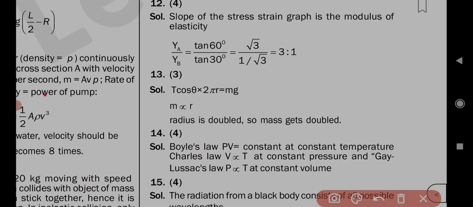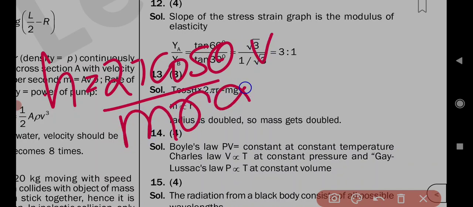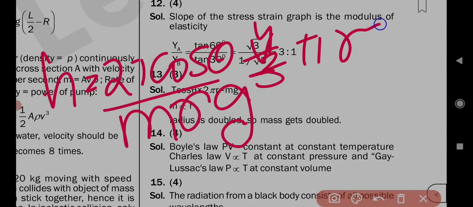Here I am not getting proper space. So try to get 2T cos theta by rho, where rho is mass by volume, mass here, volume, r g. So guys, if you write volume, that is 4 by 3 pi r cube. So this cancels, this is square, right? Here 2T cos theta is there, tension is nothing but force upon length.